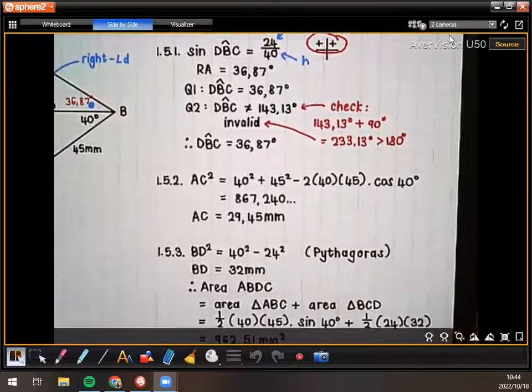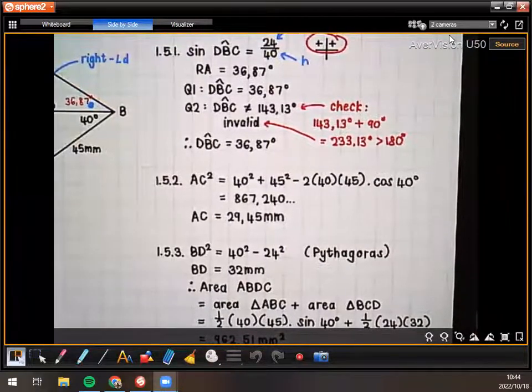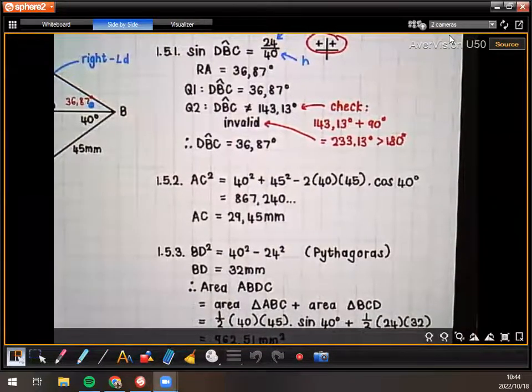So that is how I got that BD was 32 millimeters down there. I figured out firstly that I need that side, because I need the two perpendicular sides to find the area.